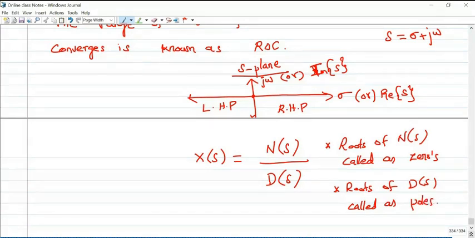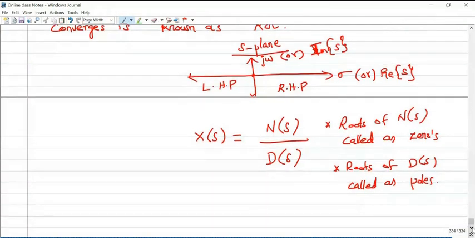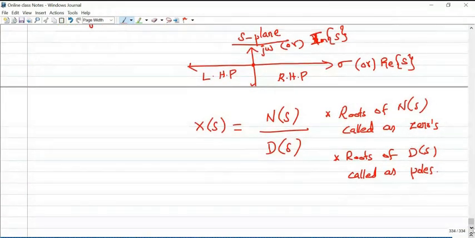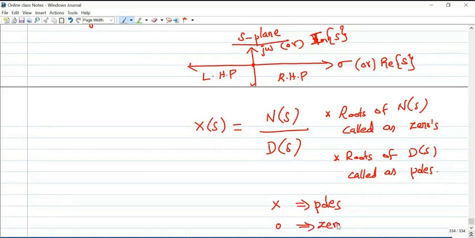Okay. So in the S plane, we use specific symbols to plot these poles and zeros. A cross mark is used for indicating poles. A small circle indicates zeros.